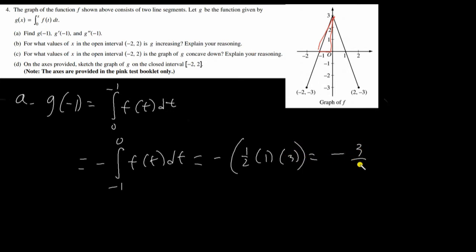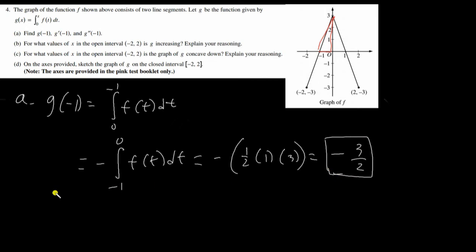Now this is a more conventional approach, f of t dt. So we're just finding the area from -1 to 0. That's this triangle here. So the area for that is going to be, we have to put the negative sign, and then 1/2 times 1 times 3, which gives -3/2.